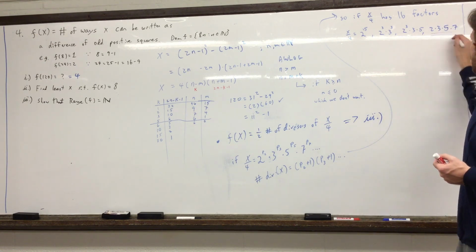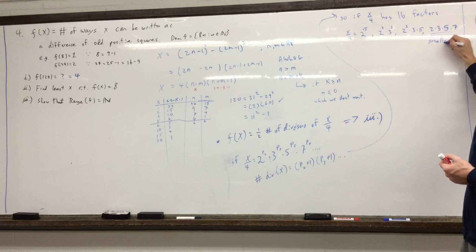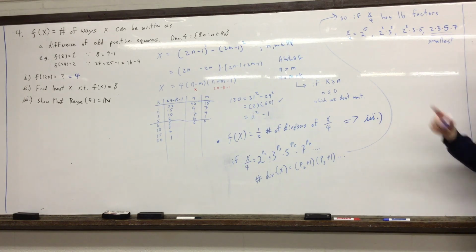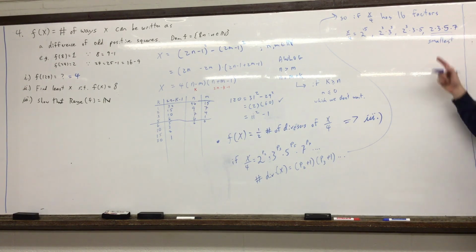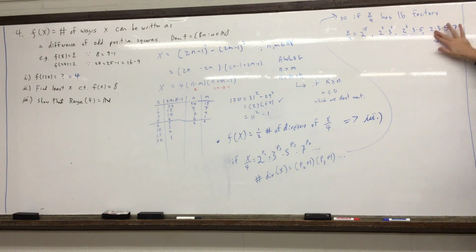And that's the smallest number because 8 is smaller than 7. Huh? No. This is the smallest number because 4 is smaller than 7. 8 isn't smaller than 7 anyway.